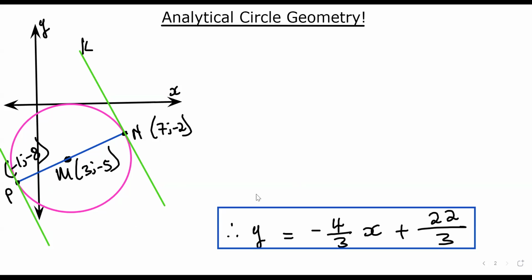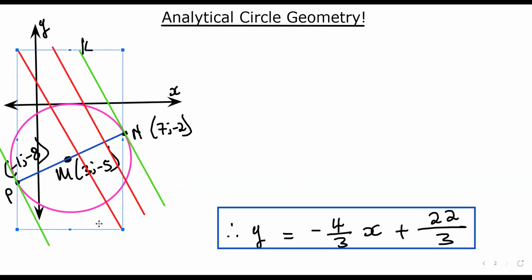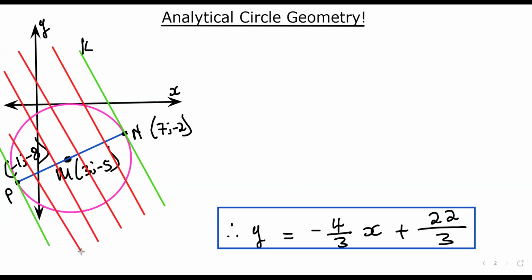However, if we draw a straight line here, another straight line there, as many straight lines as we like, all of these straight lines are going to be secants to this circle, because it is very clear that each line is going to cut the circle at two different points.